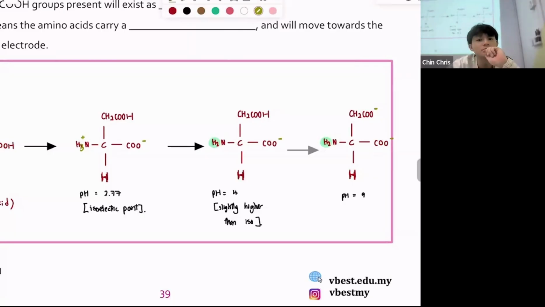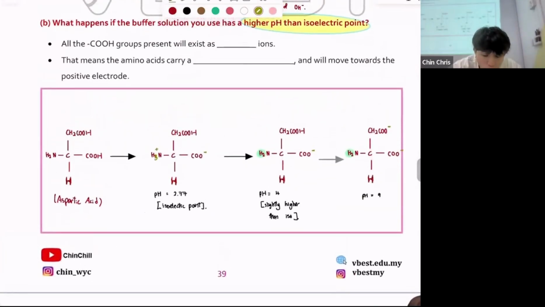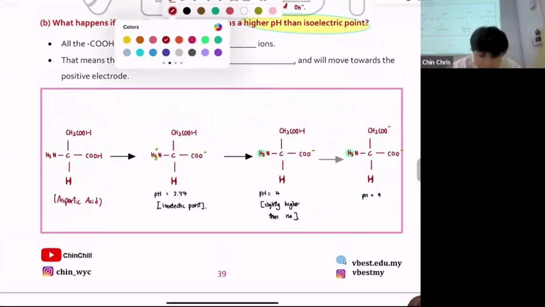Done? All right, guys, now all the COOH groups present will exist as COO minus.